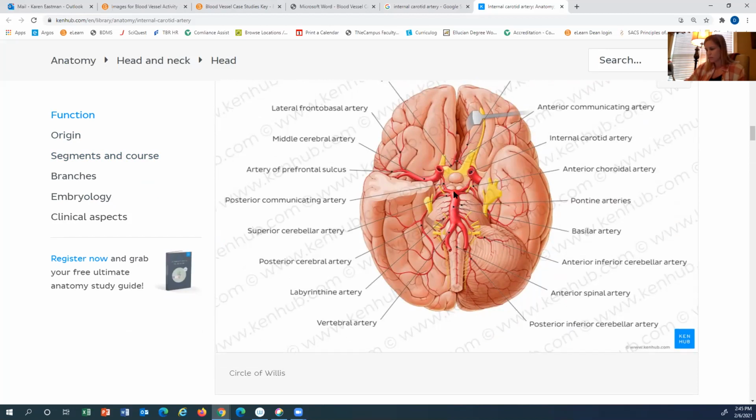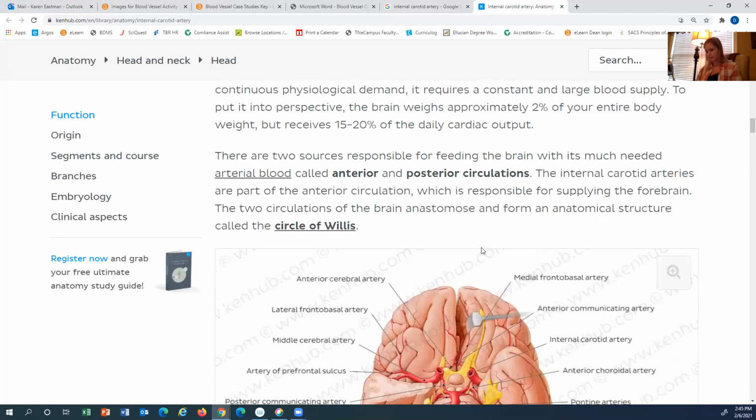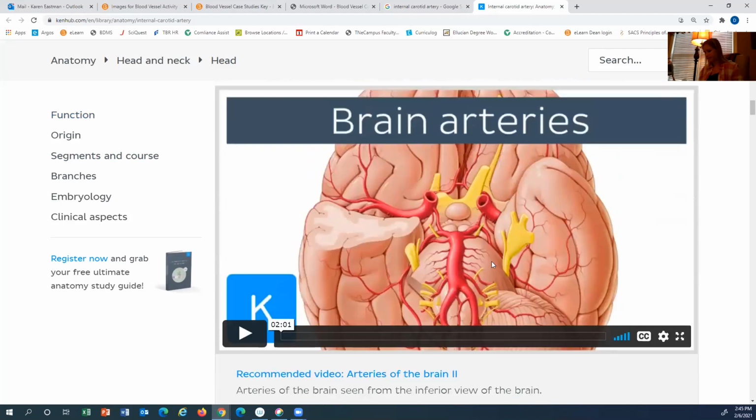And then the basilar is bringing blood up from kind of the underside, backside. That's the Circle of Willis. There's the pituitary gland. And this is my internal carotid on either side. And that makes up that Circle of Willis. Okay. Does that help a little bit to be able to see all that?